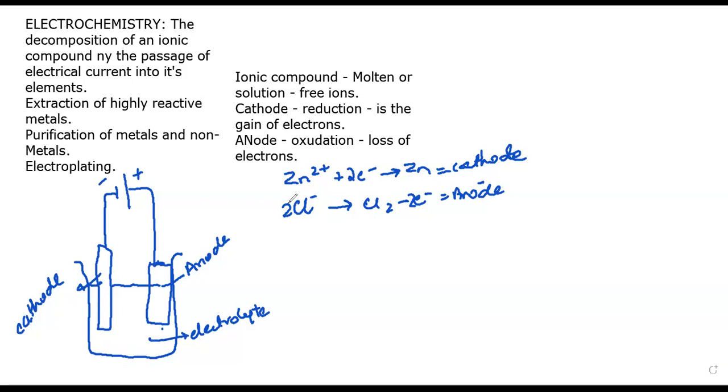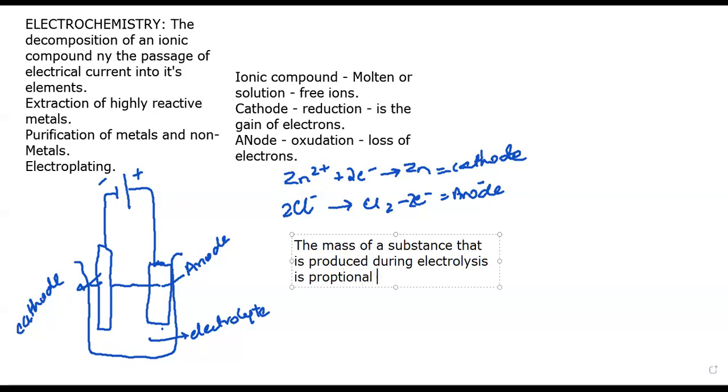Now, the mass of a substance produced during electrolysis is proportional to two things.